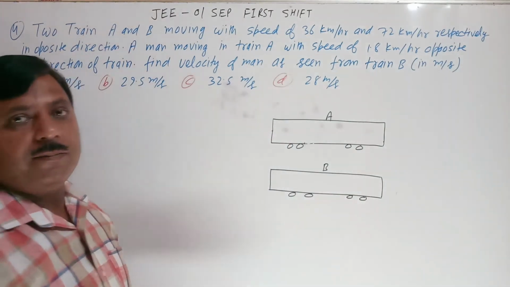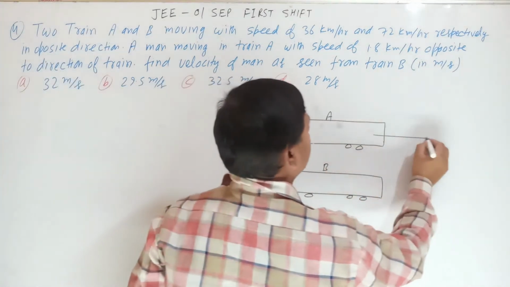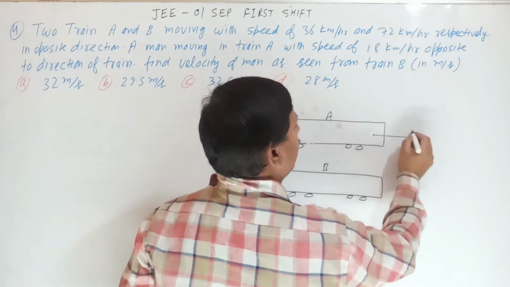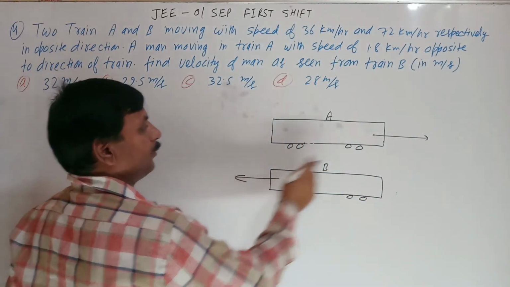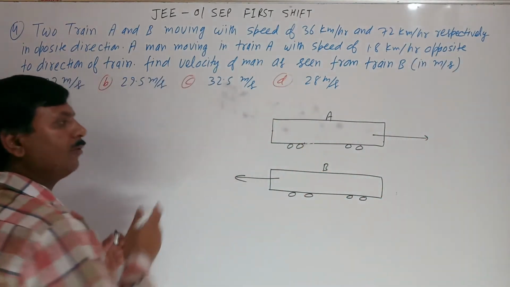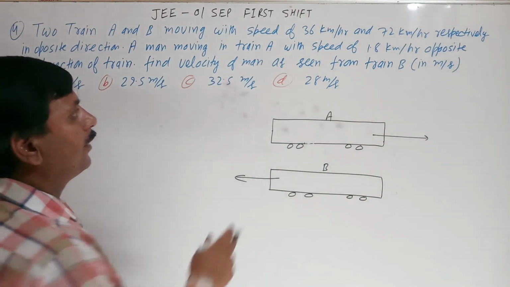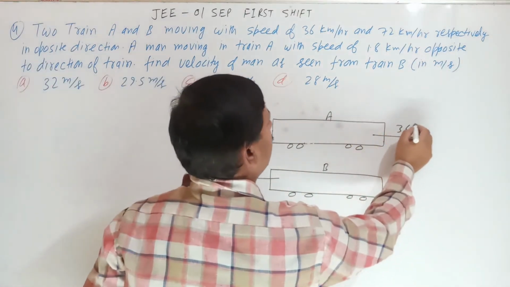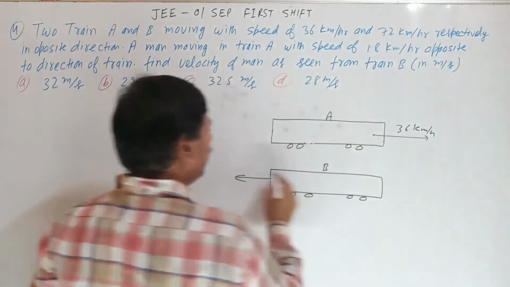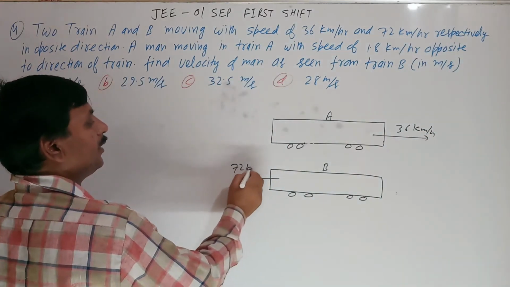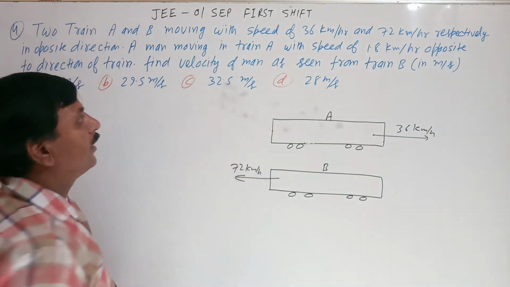What will be the meaning of that? Suppose this is in the right direction, so this will be in the left. Their speeds are 36 km per hour and 72 km per hour.